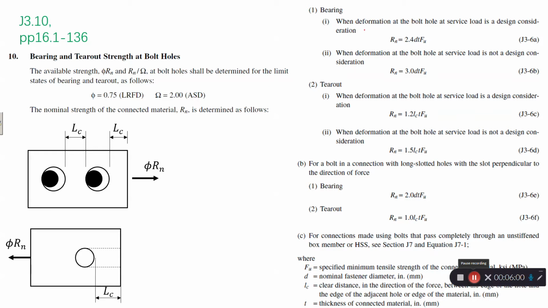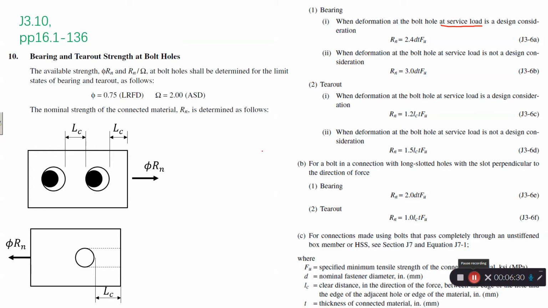In this class, we consider service load as the design consideration, so we basically use these equations to determine the bearing capacity and the tail-out capacity. Why are there different factors, and what is the meaning of the factor of 2.4?